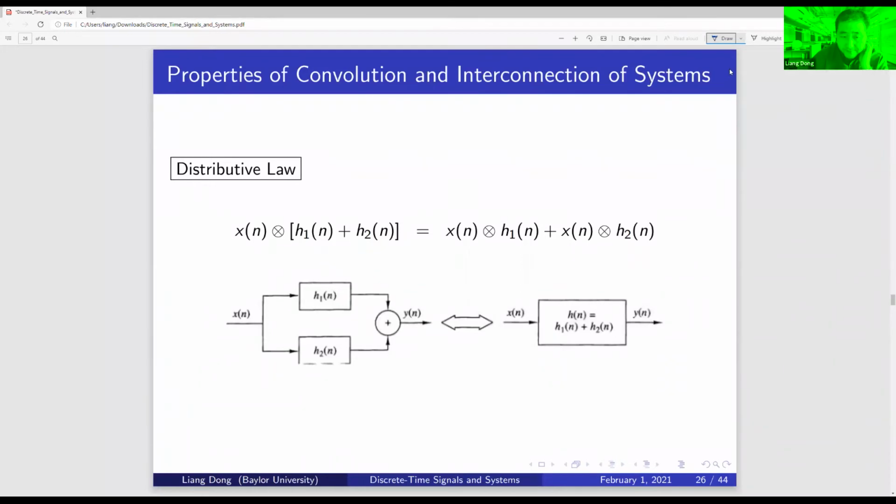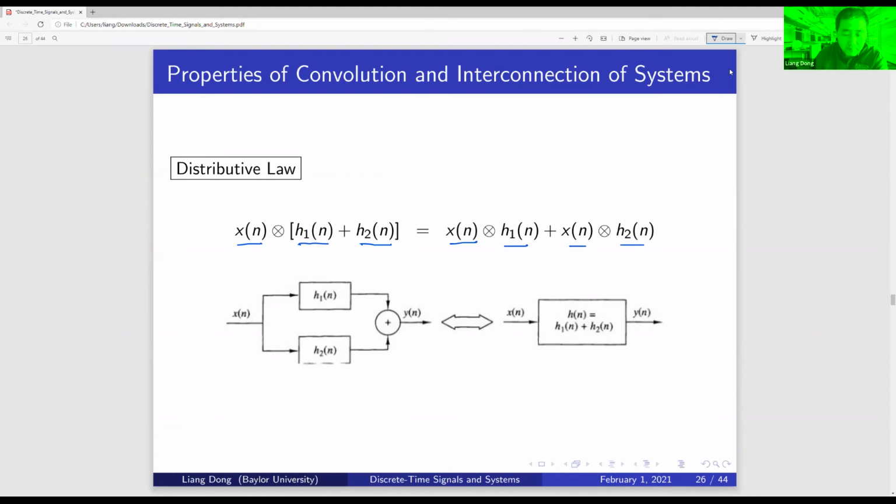The distributive law. Convolution looks like a multiplication. So xn convolved with h1n plus h2n equals xn convolved with h1n plus xn convolved with h2n.